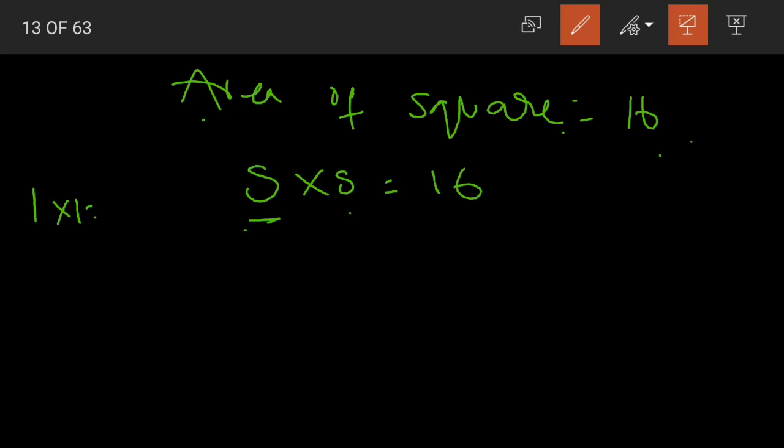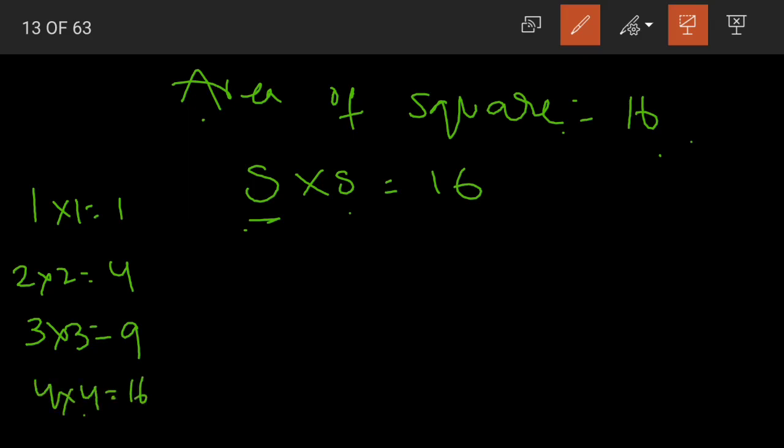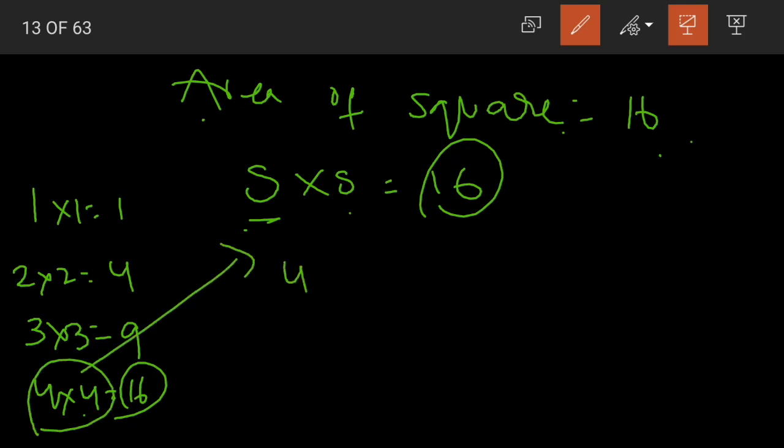Say 1 into 1 is equal to 1. 2 into 2 is equal to 4. 3 into 3 is equal to 9. 4 into 4 is equal to 16. Yes, here we got our 16. That means S is equal to 4.